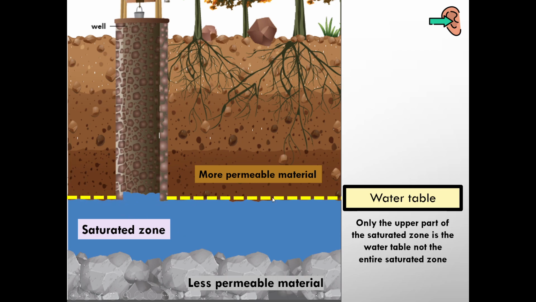How do you remember this? Think of the water table as the tablecloth. So we're not talking about the entire area here, but we're only talking about this top area here. So the water table tells you what is the line that is separating the saturated zone and the unsaturated zone.